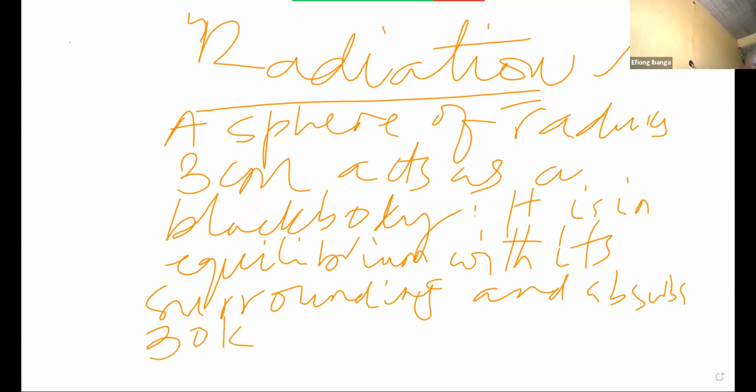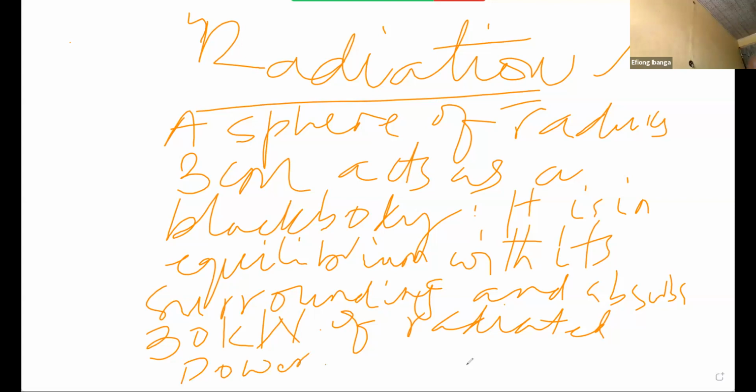Now, question: the radiated power to its surrounding. Now, question, what is the temperature of the sphere?